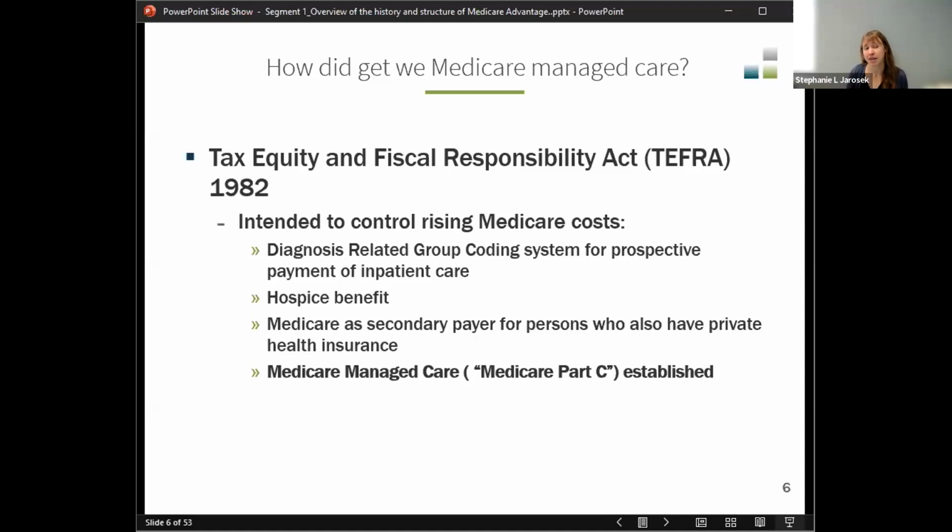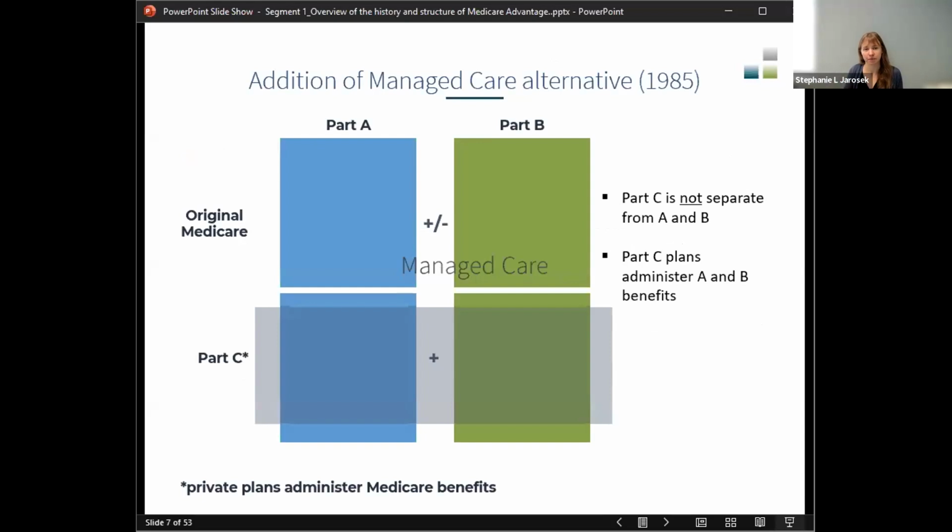But it's pertinent to our interests here. Medicare Managed Care, or Medicare Part C, as we sometimes call it, is what's established. So now we have an alternative, and Part C is kind of an unfortunate name because it doesn't replace Part A and B. Part C is really a way of administering both A and B benefits. So this comes into play when you're looking in your data in the master beneficiary summary file.